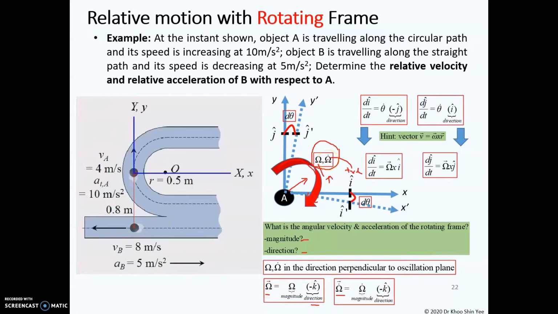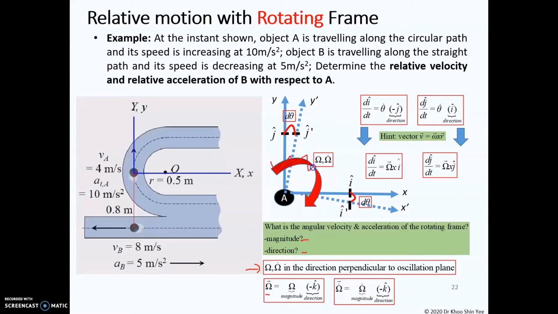If the angular acceleration is given as a negative value, then the angular velocity will decrease over time. So in this case, the Ω dot vector will be opposite to the movement, which is positive k, which is different from negative k here. So you must know how to decide the direction for Ω and Ω dot.